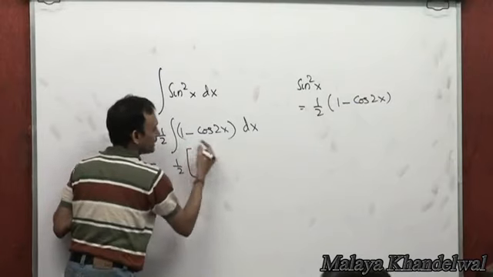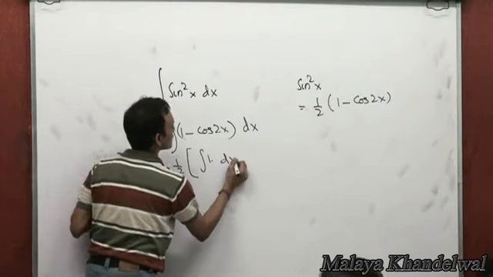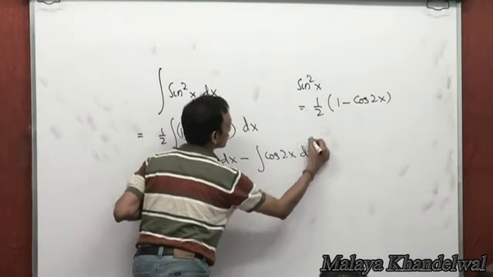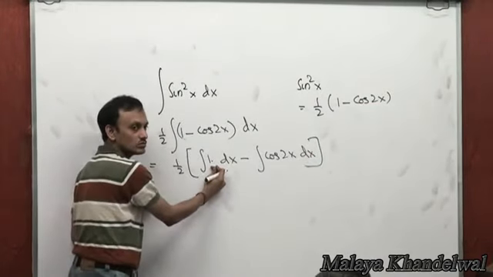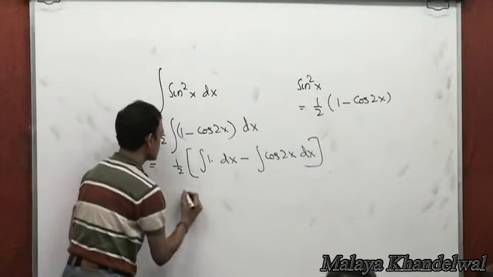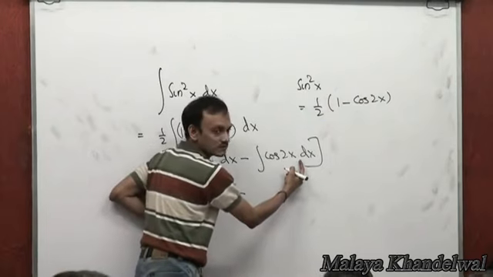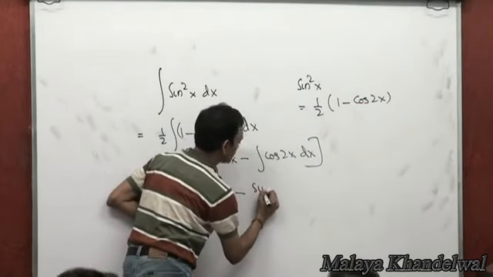Half of integral 1 into dx minus integral cos 2x dx. This is x to the power 0, so this would give me x. Cos mx would give me sin mx by m.